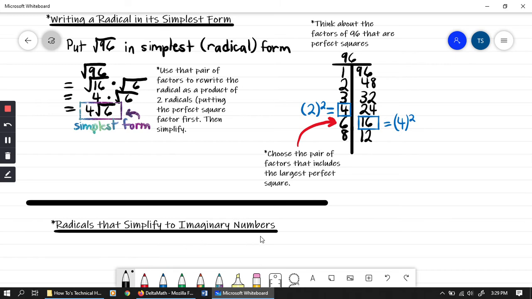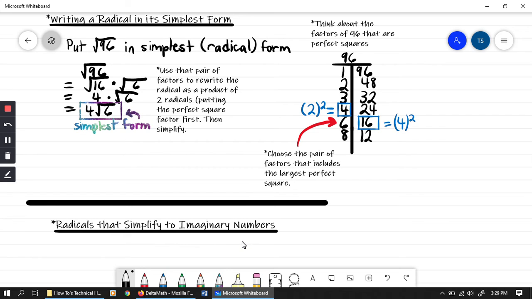First off, what we need to realize about imaginary numbers is that you will only have an imaginary number if you are taking the square root of, wait for it, a negative number.